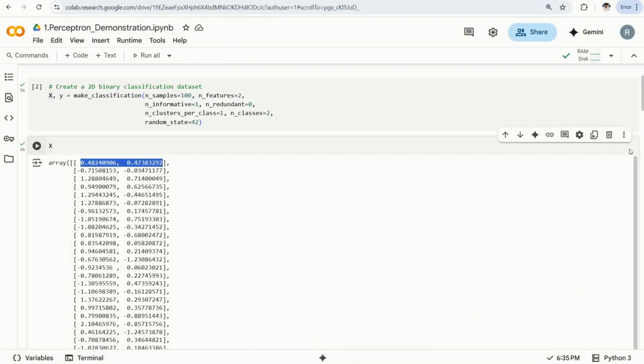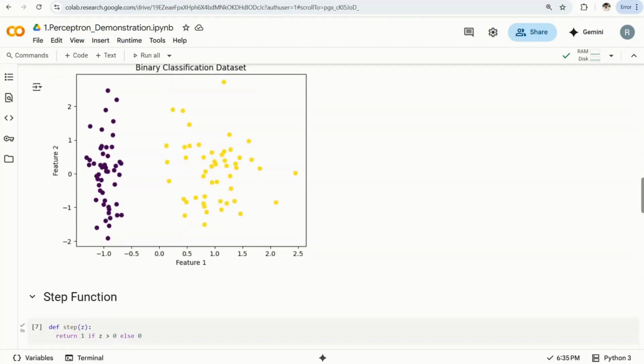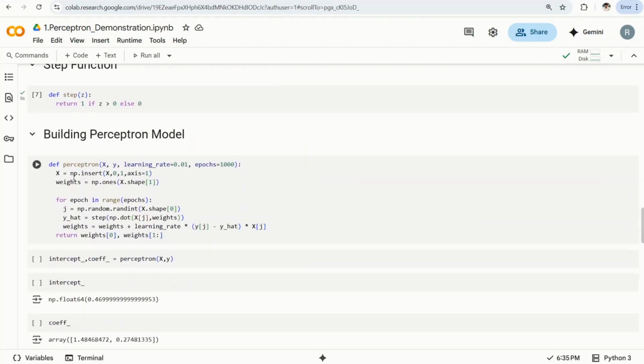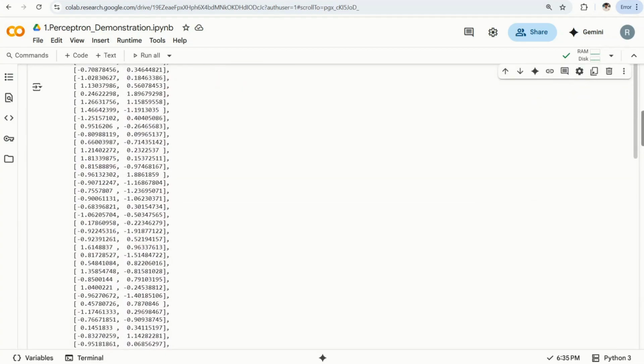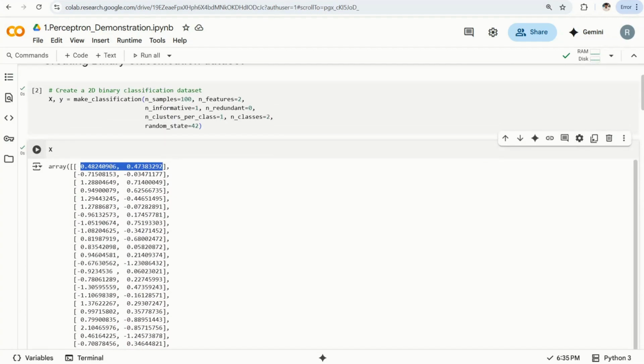So that is why I'm doing this. That is why I'm inserting in x. There's np, this is the numpy function to insert something. So I'm inserting in x at 0, I mean the first column. Right now I have these 2 columns in x, the first column and the second column.